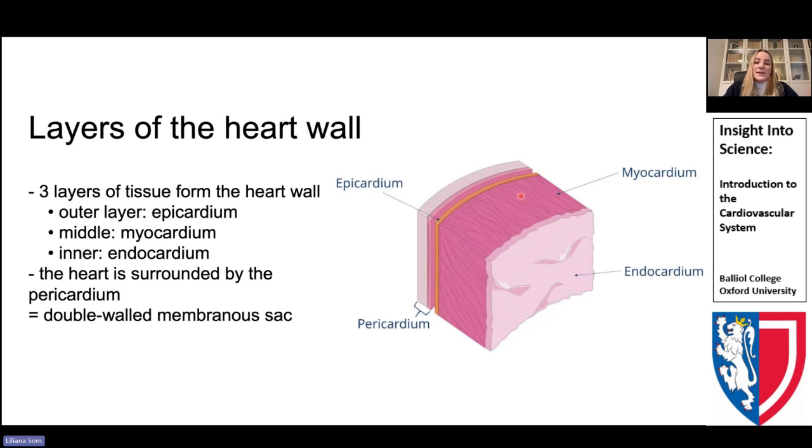Then the middle layer is called the myocardium. That is where you've got all the muscle present in the heart tissue. And then the inner layer of the heart is called the endocardium. Now the heart is surrounded by another layer, which we call the pericardium, which is a sac that covers the whole heart.